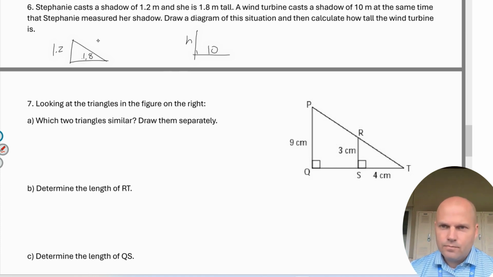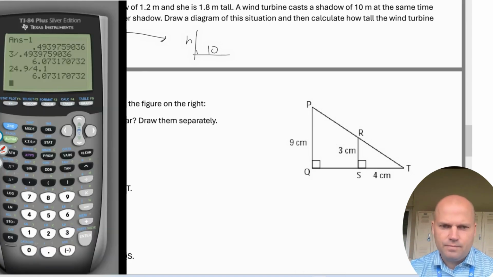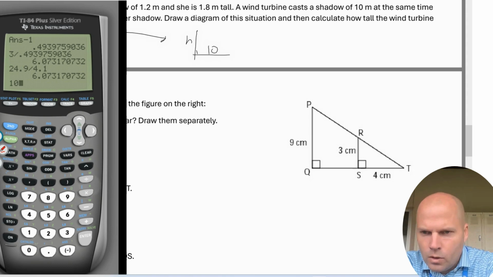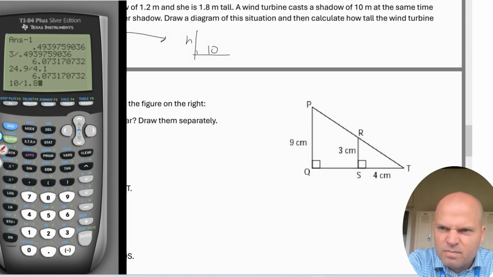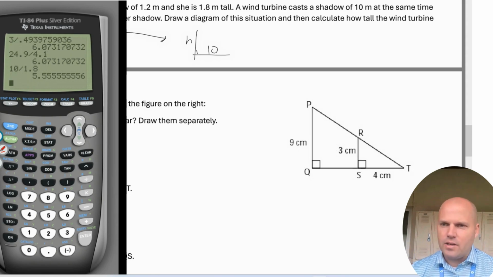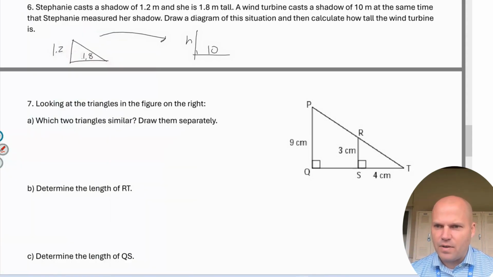Well, figure out the scale factor and you got it. How many times bigger is 10 compared to 1.8? Divide. You could also be a proportion person and set it up. You could say it's 10 over 1.8, which is 5.5555555. So 10 over 1.8 is the scale factor.